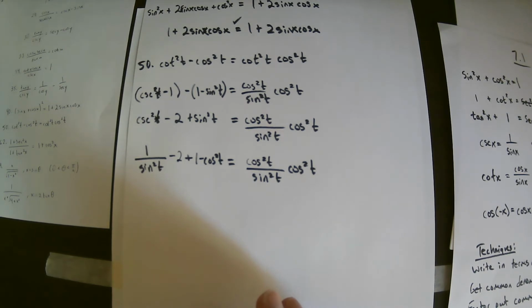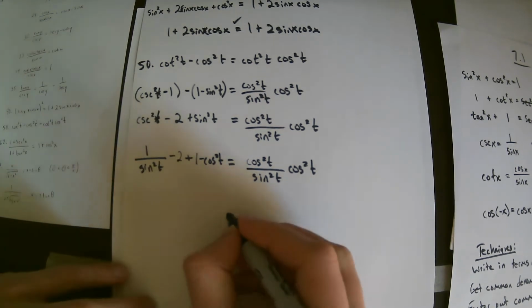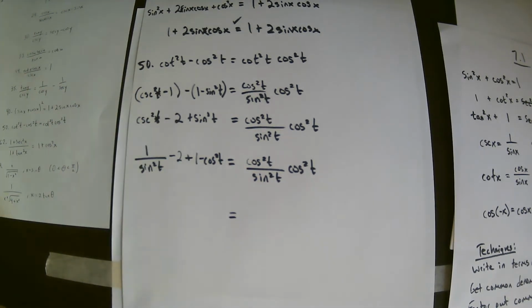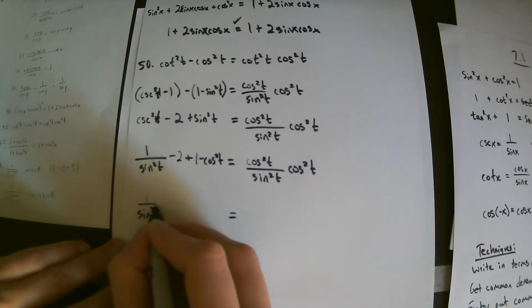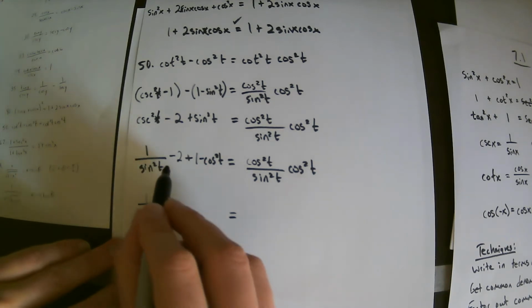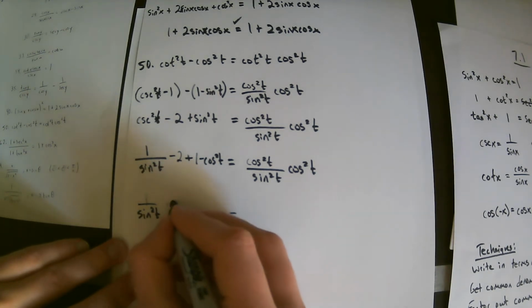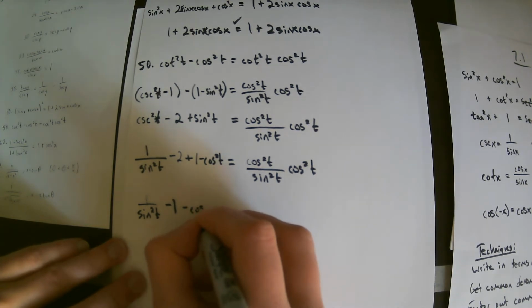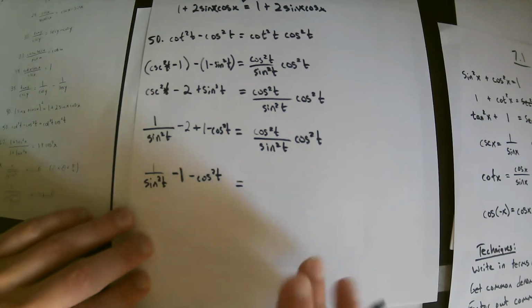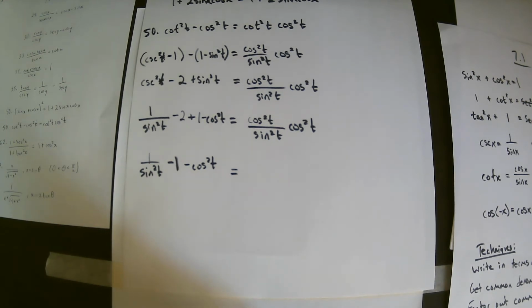Oh, I went about this a weird way. Let's see, there's got to be a better way. Okay, I'm going to have 1 over sine squared t, and then negative 2 plus 1 is negative 1, and then minus cosine squared t. Pull the negative out. No.